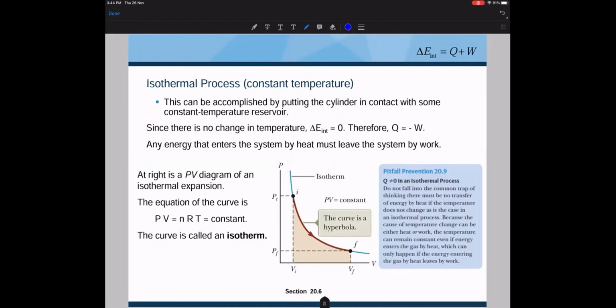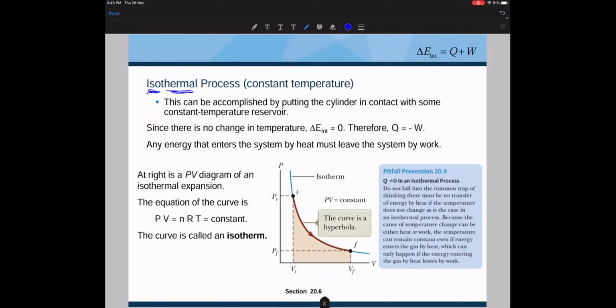And the third case of an iso process is an isothermal process, meaning constant temperature process. I will finish this one first before I explain the work done again.